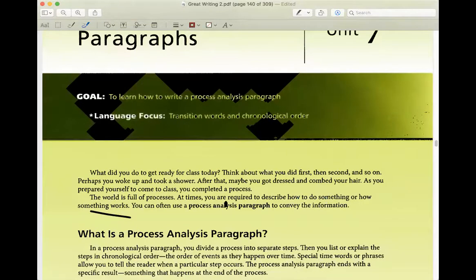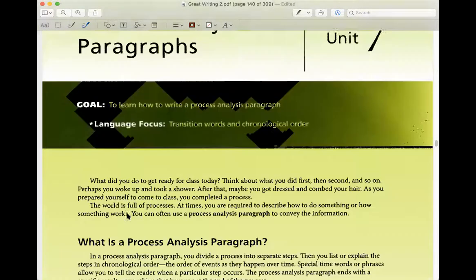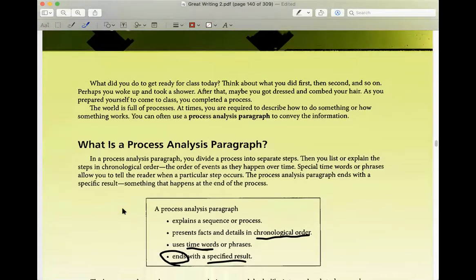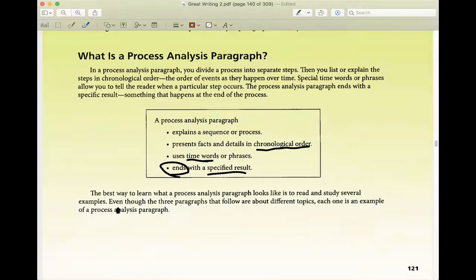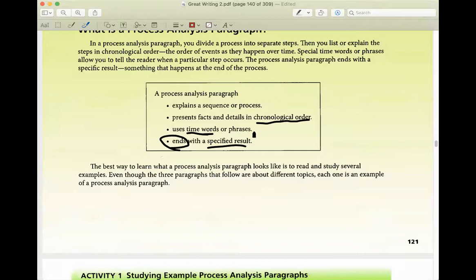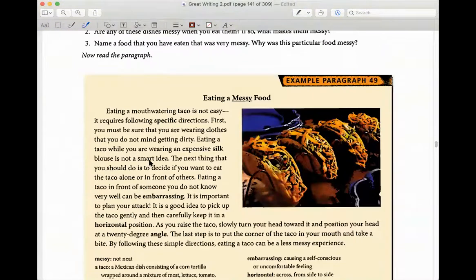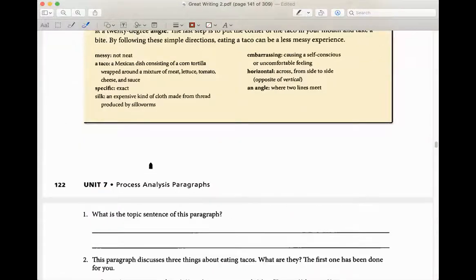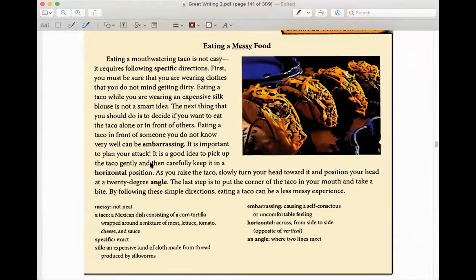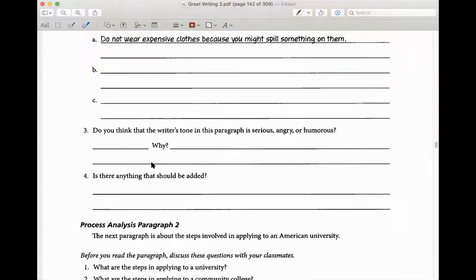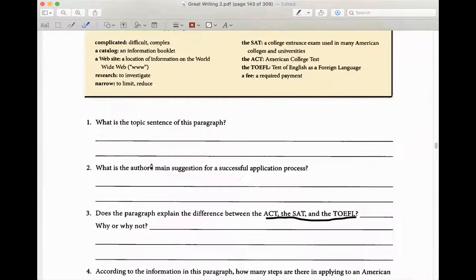Okay, then we had process paragraphs, and this is where you explain how to do something, a sequence or a process. And for this one, you used a lot of imperative verbs, and you use those words that tell us order, like first, next, after that, etc. So you should be comfortable with those words.